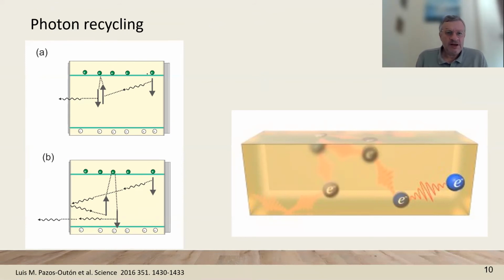This means that when there is a radiative recombination event, the photon might not reach the surface. It can be absorbed again, but if the non-radiative recombination rate is very small, then it will be re-radiated. In the end, the photon goes through several events of absorption and emission, and this enhances the probability that it is emitted.